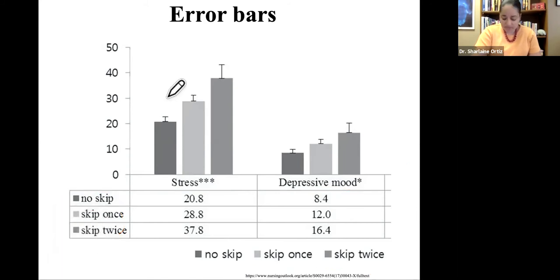I want you to notice that in this error bar, technically the standard error is going to have this little T-shape right here. If you see it, I'm going to mark them down here for you so that they are a little easier to read and view.